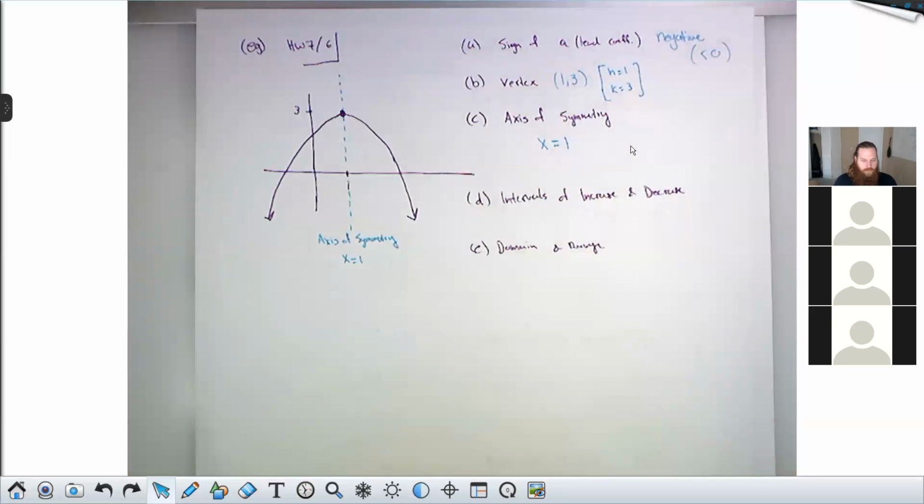Now, intervals of increase and decrease, these are more fun. We did talk about these once before when we talked about absolute value graphs. We talked about finding intervals of increase and decrease. Who remembers the trick to getting these questions right? There's some very, very important warning attached to these questions. The answers are always formatted in a certain way. When you want to describe intervals of increase and decrease, how do we always give these answers?